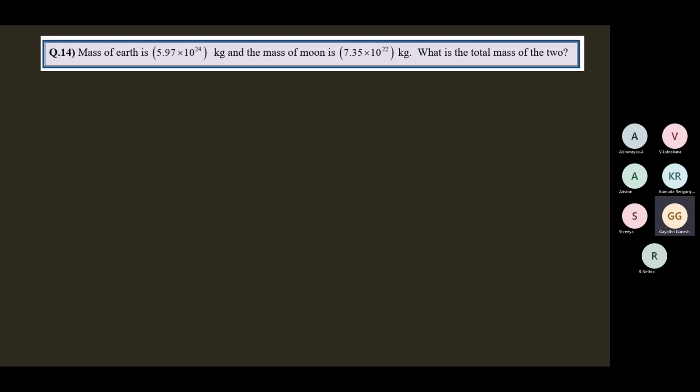Ma'am, addition. Addition. So the total mass will be the sum of the two expressions, 5.97 into 10 to the power 24 plus 7.35 into 10 to the power 22. And we just learned how to add such expressions. Now the same thing is in the form of a word problem.